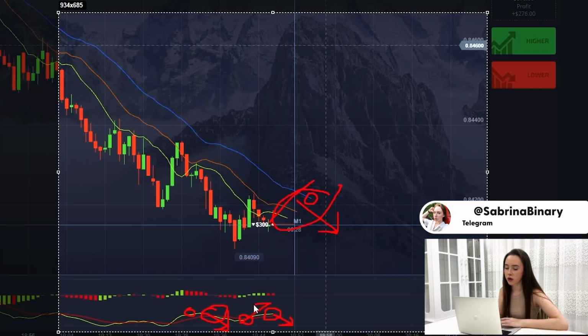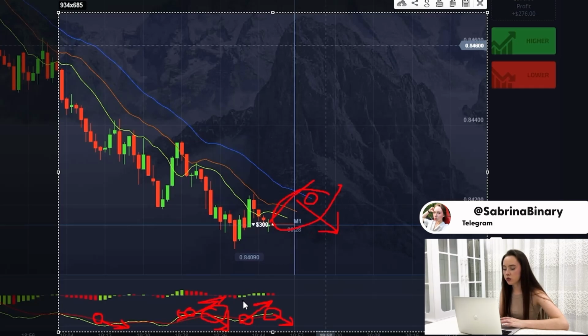And let me show you how to use this information in practice. As I said earlier, when the main line, that is green, and the signal line, that is red, cross, there is a signal to sell.